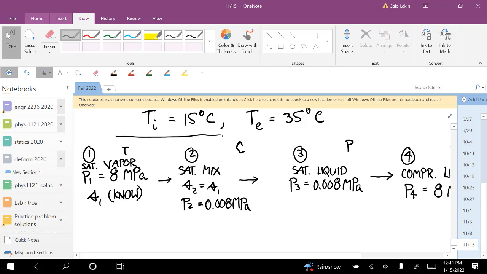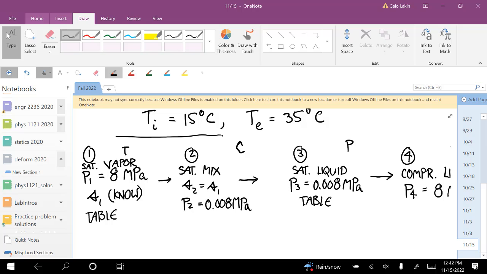So we have everything we need to look up states 1 and 3. We can use the table here and here. From there, let's look those up and we'll have to find the other stuff.